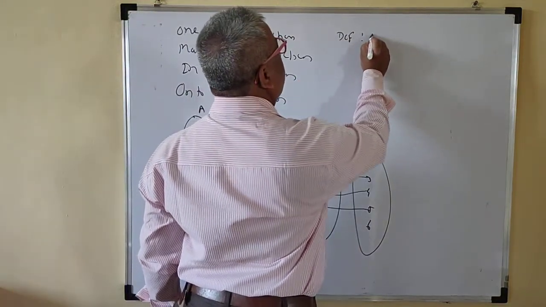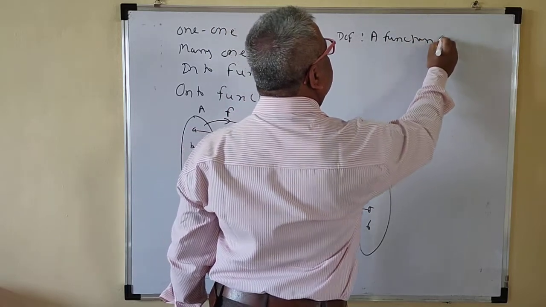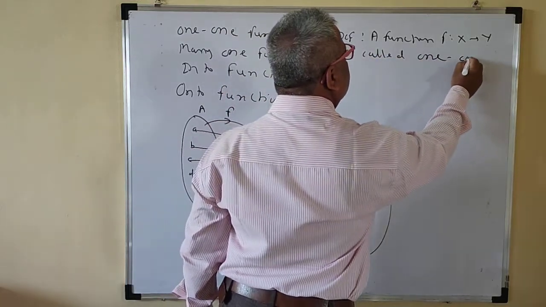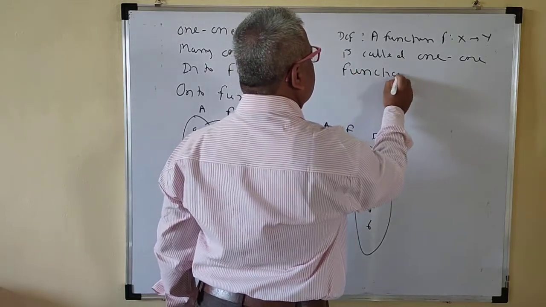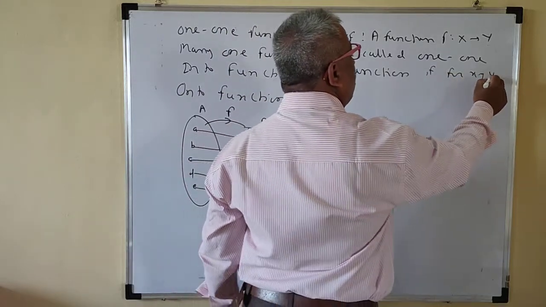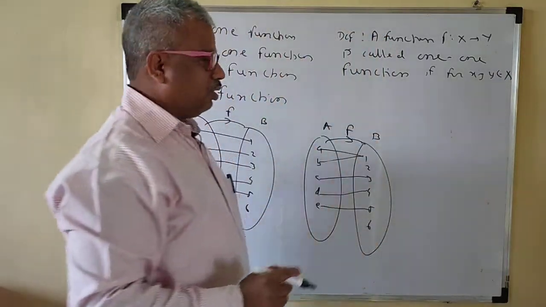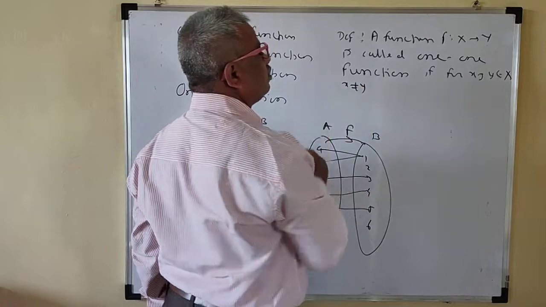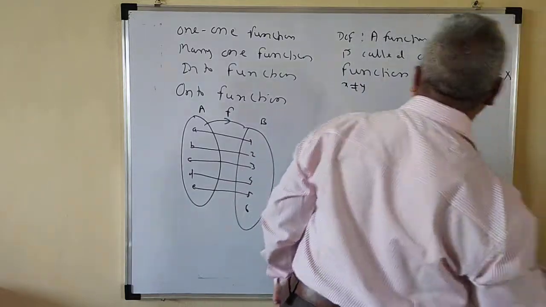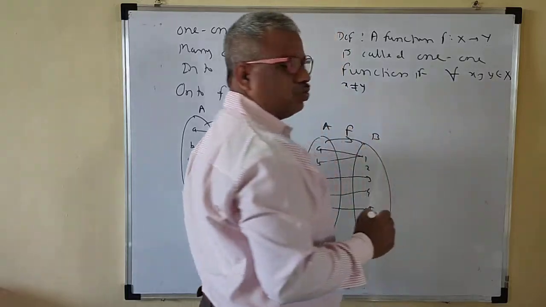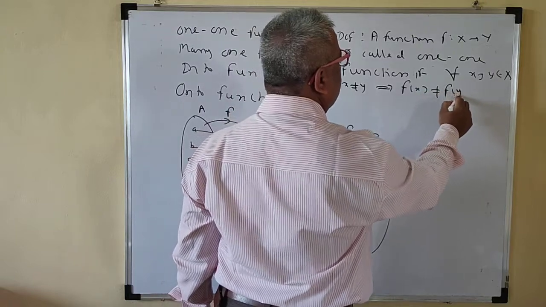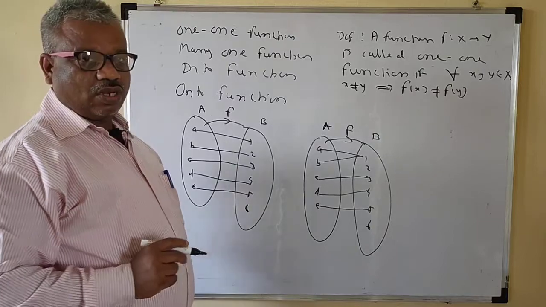So the definition: a function f from X to Y is called one-one if for all x, y belonging to X, x not equal to y implies that f of x is not equal to f of y.